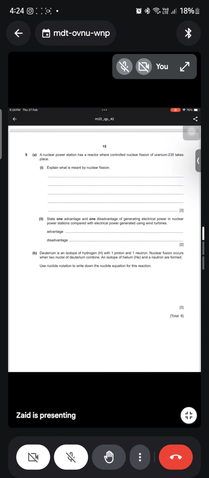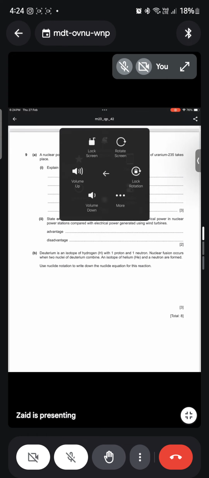Two deuterium atoms are combining together, 2H1, 2H1.